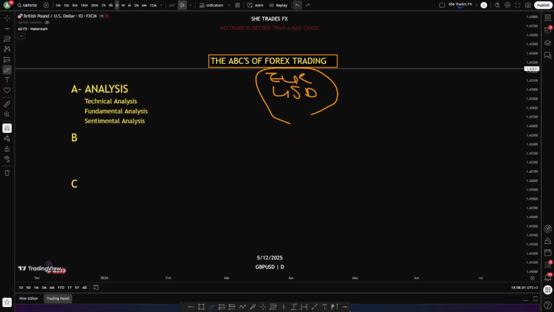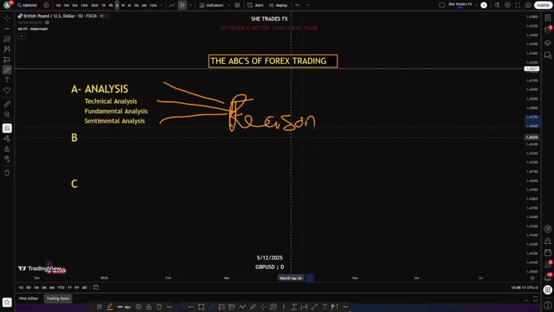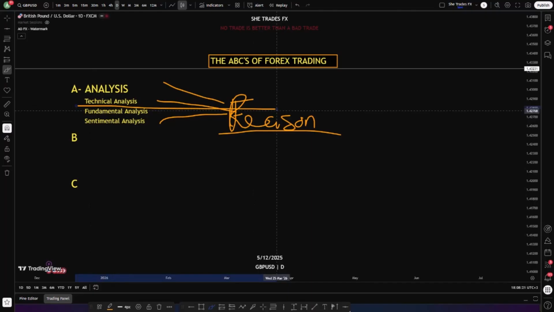So these are types of analysis that we have. Now, this analysis is what is going to give you reason for entry. All right. Where are you entering the markets? Oh, price has hit my Bollinger Band level.